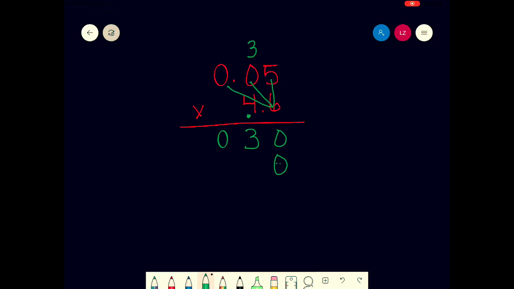He's the hero that keeps that spot, and we move over to the next place value. We've got 4 times 5 is 20. Let's cross this out so we don't get confused. 4 times 0 is 0, plus this 2 is going to be 2. 4 times 0 is 0. All right, let's add this up.